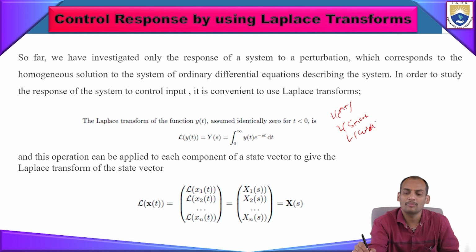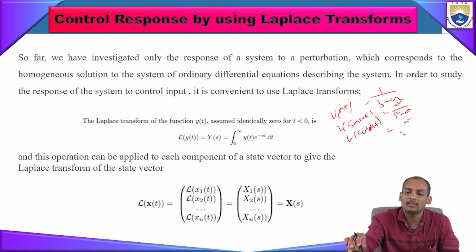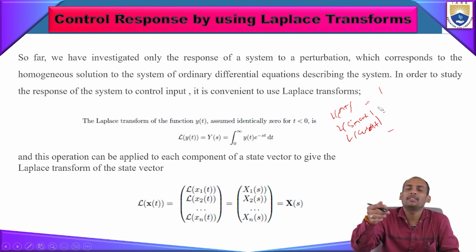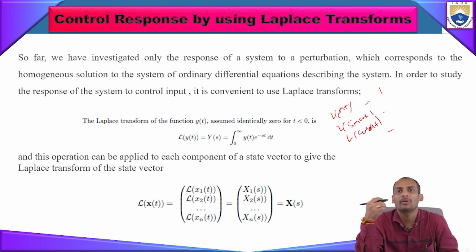These Laplace transforms I think you have already seen: L of e power at will be 1 by s minus a, and for sin at it will be a by s square plus a square, and for cos at it will be s by s square plus a square. You may already know these formulations from your mathematics background.